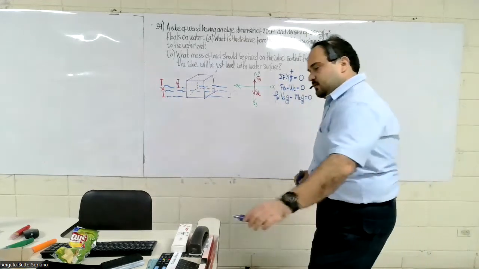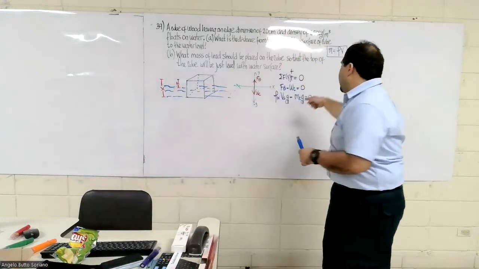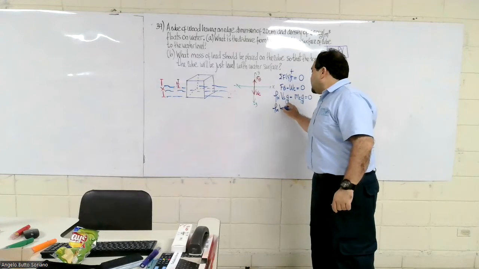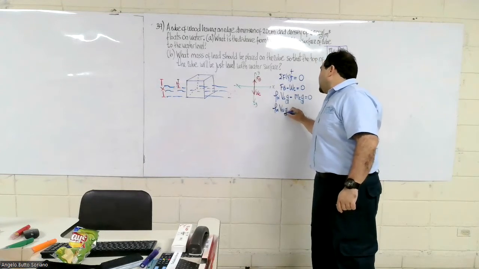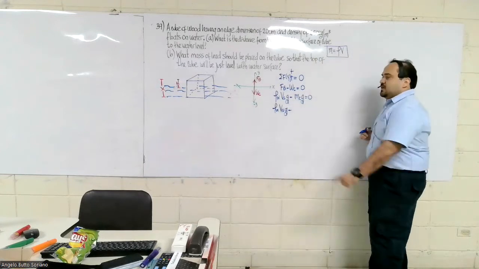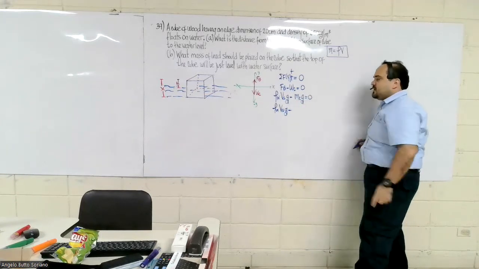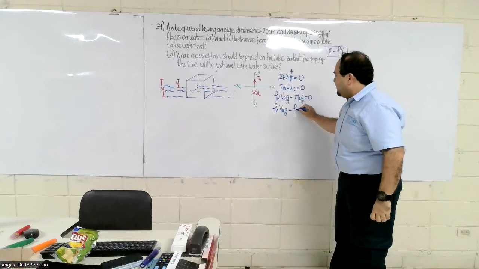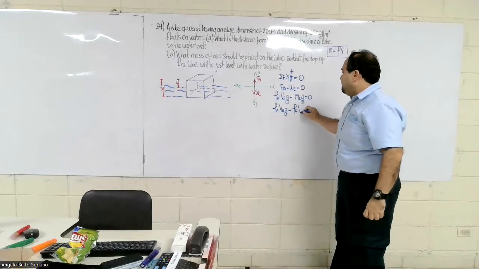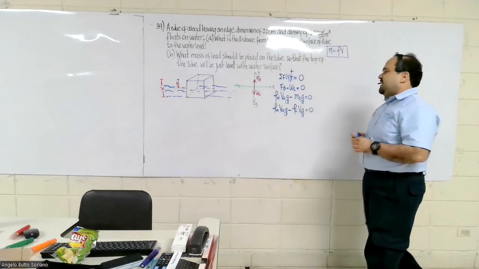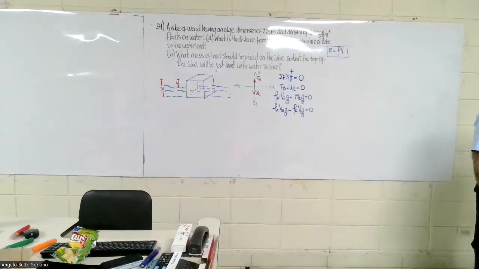Okay, we're going to replace that value over here. We have the density of water, submerged volume, gravity, minus, instead of writing MC, we're going to replace it by the density of the cube, volume, and gravity. That will be equal to 0.